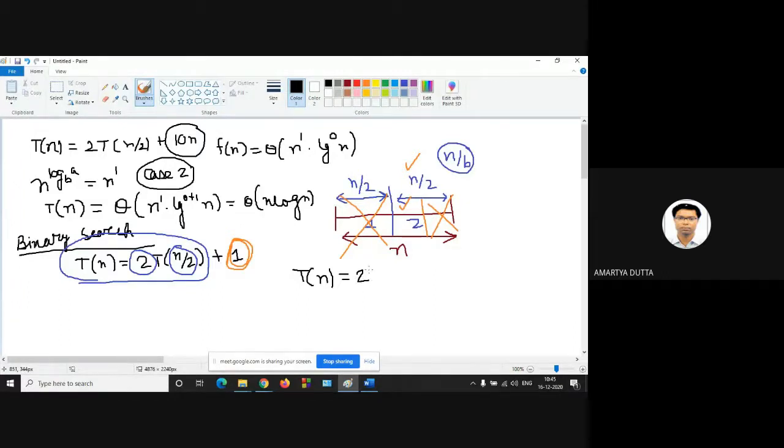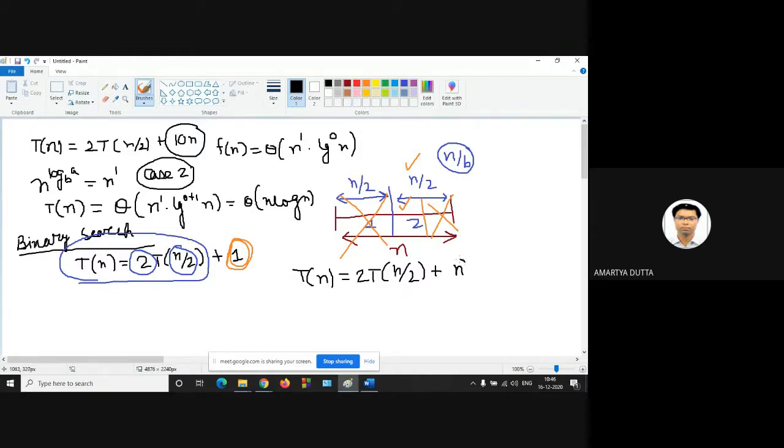Quick sort: 2T(n by 2) plus order of n. In case of quick and merge sort, you have to recursively divide the array into two parts and then apply the sorting procedure.